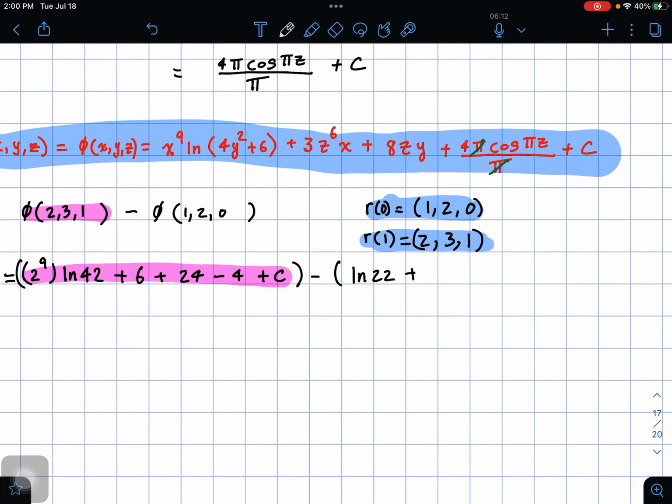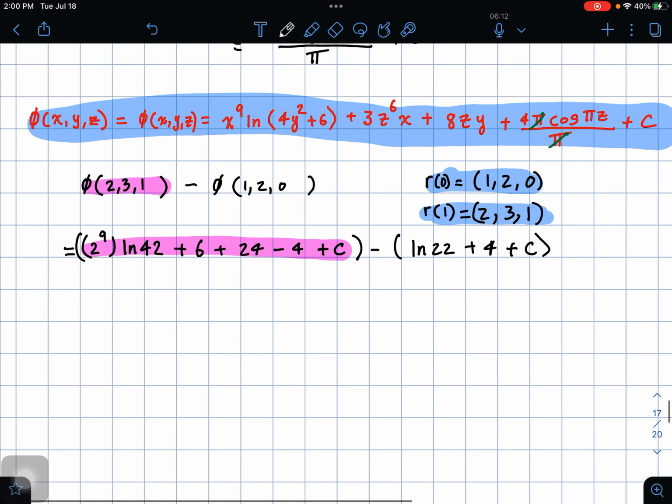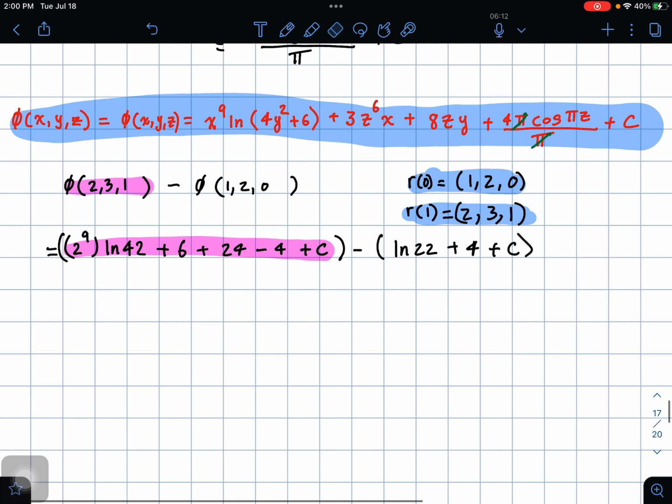Actually, I'll simplify this a little bit. This is 0 because there's a z. This is 0 because there's a z. For this, z is 0. Cos of 0 is 1, right? So it's just going to be 1 times 4, which is 4. And then plus c. That one's much easier and nicer. So we have this and this.